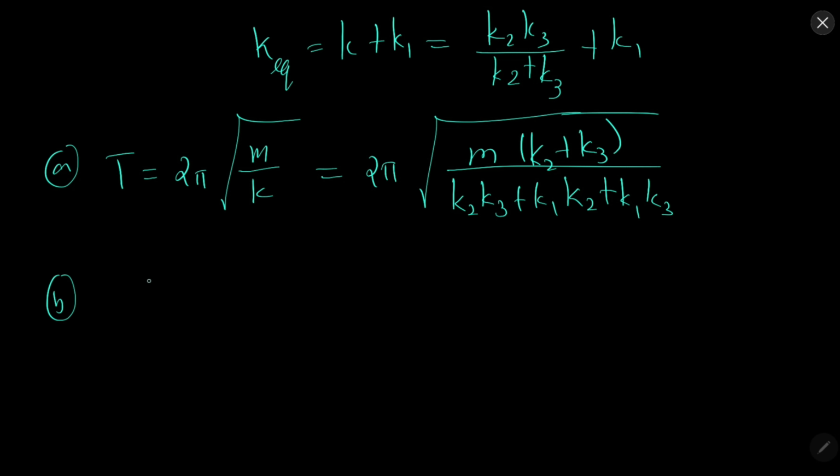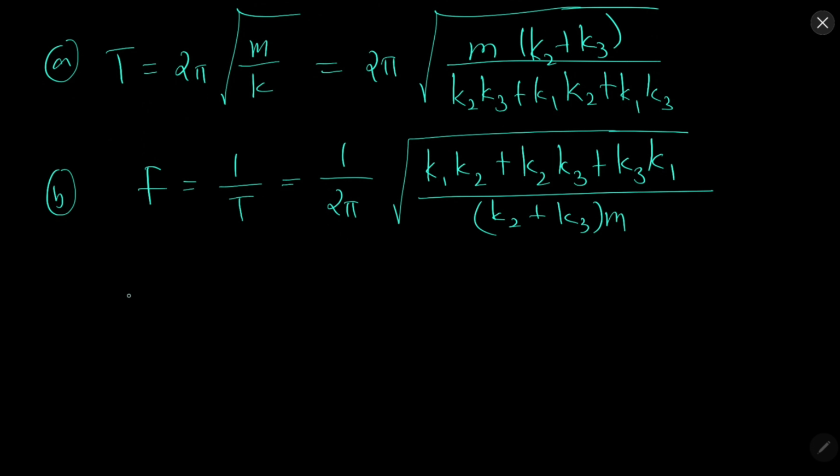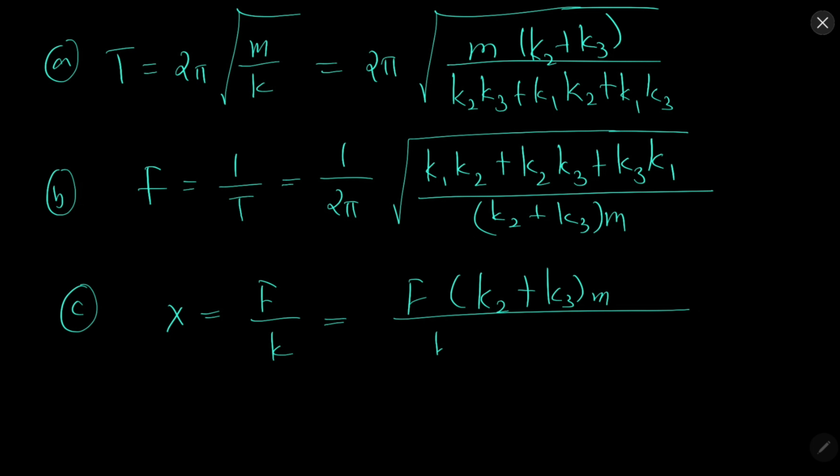Then frequency is 1 by T, 1 over 2 pi root of (K1 K2 plus K2 K3 plus K3 K1) over (K2 plus K3) into m, and amplitude is x equals F over k, which is F times (K2 plus K3) over K1 K2 plus K2 K3 plus K3 K1.